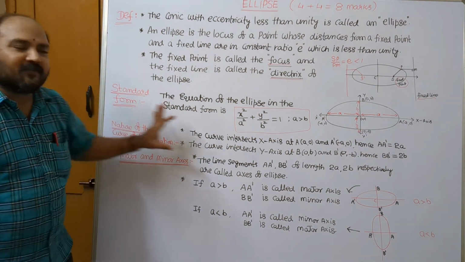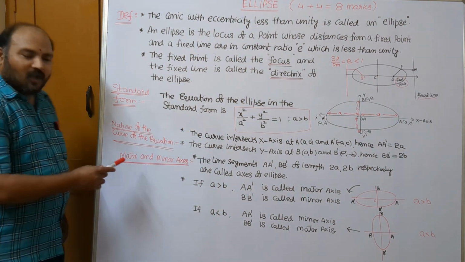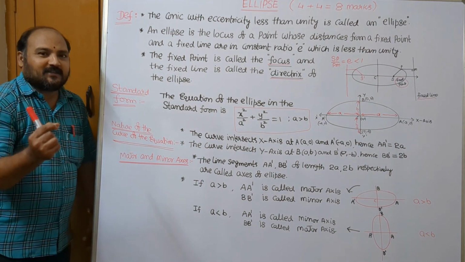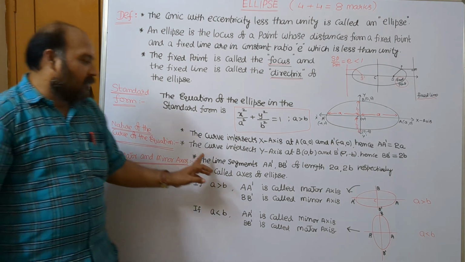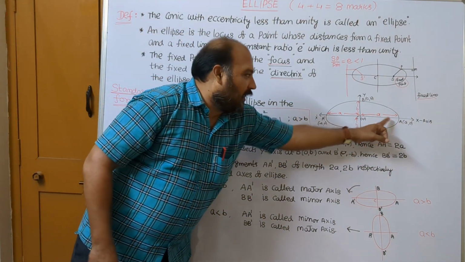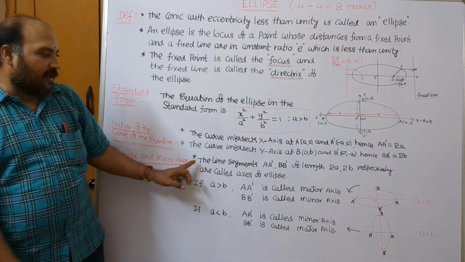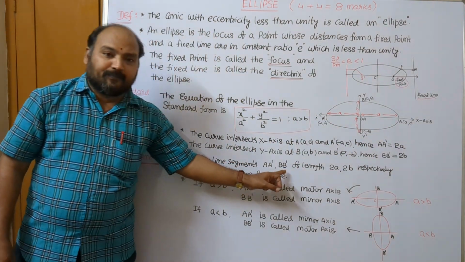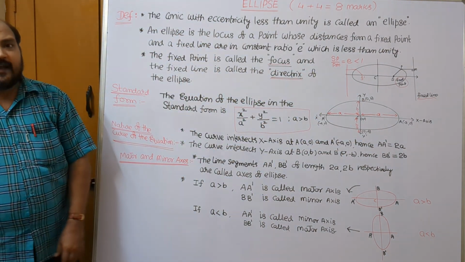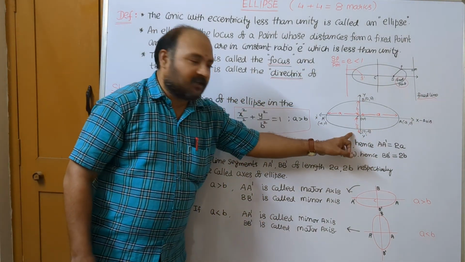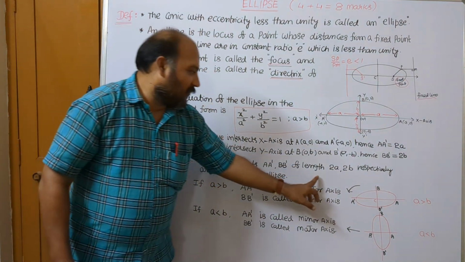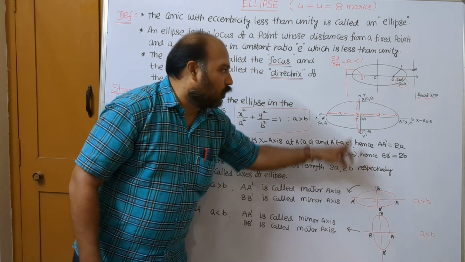After knowing the nature of the curve, what is the definition of major and minor axis? The line segments observed in the figure, A dash and B dash, the line segments B and B dash are called axes, with lengths 2A and 2B.